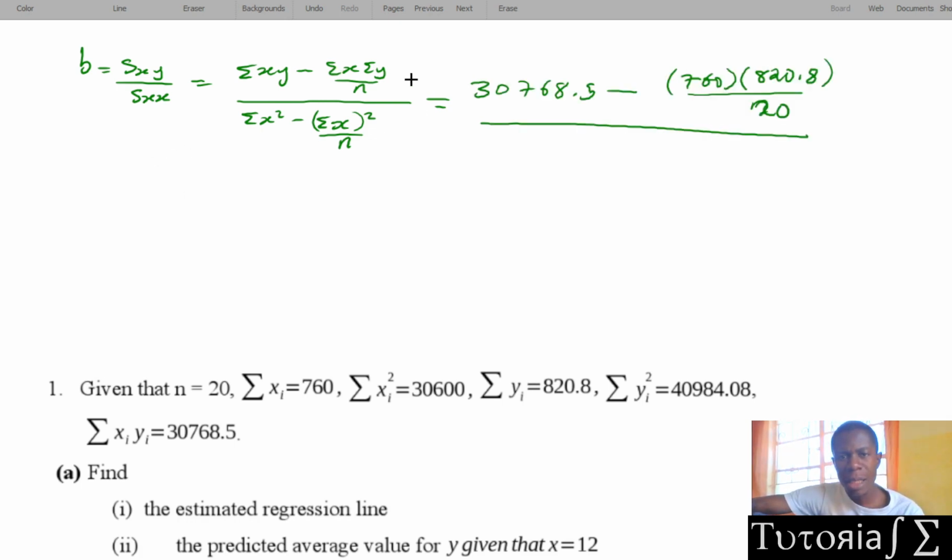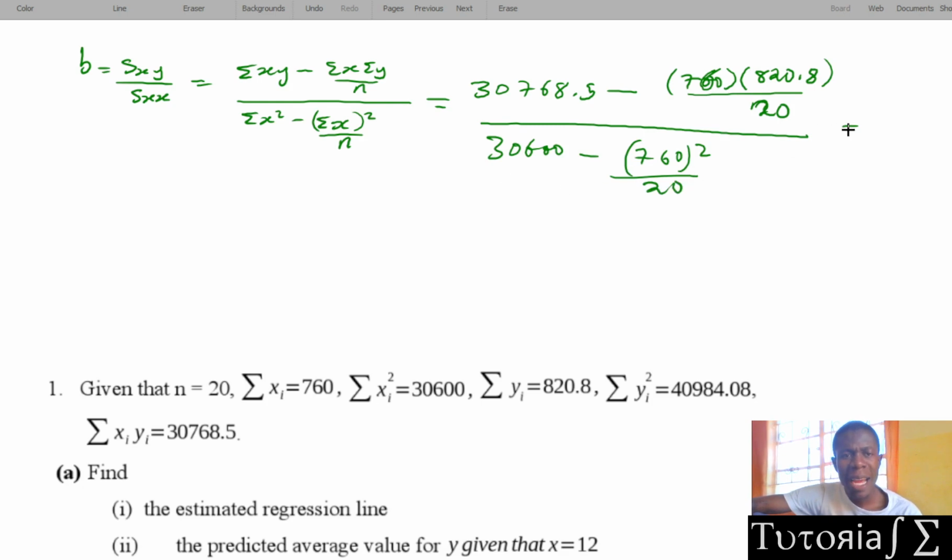Right, so our summation of xy is that. Summation of x is that, which we put here, 760. Then summation of y is 820.8, which is here. At the bottom, we can also replace summation of x squared, which is this 30600, minus summation of x, which is this, squared, 760 squared, divided by 20.